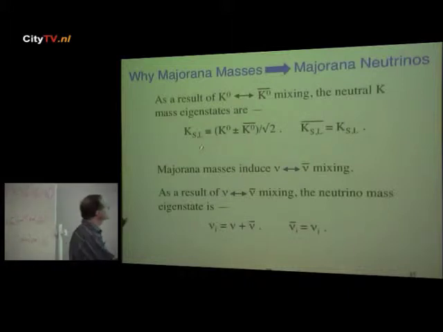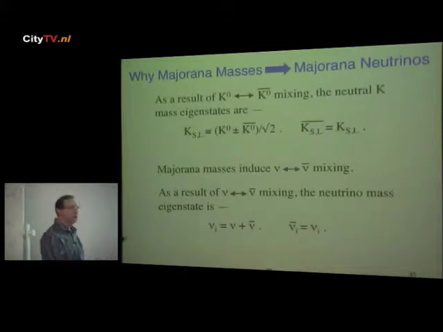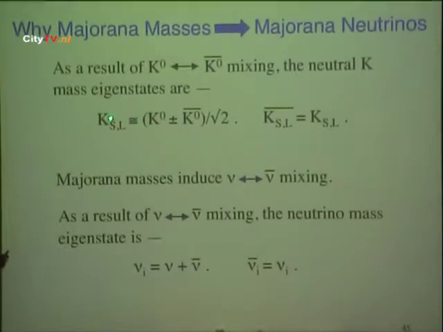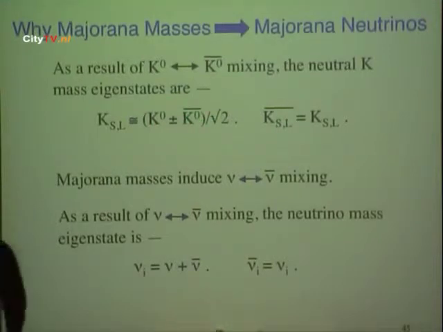Neglecting CP violation, these are just the sum and the difference of K and K bar. So what you see is that apart from an overall sign which is irrelevant, either of K short or K long goes into itself under particle-antiparticle interchange. So K short and K long are what you might call Majorana bosons.